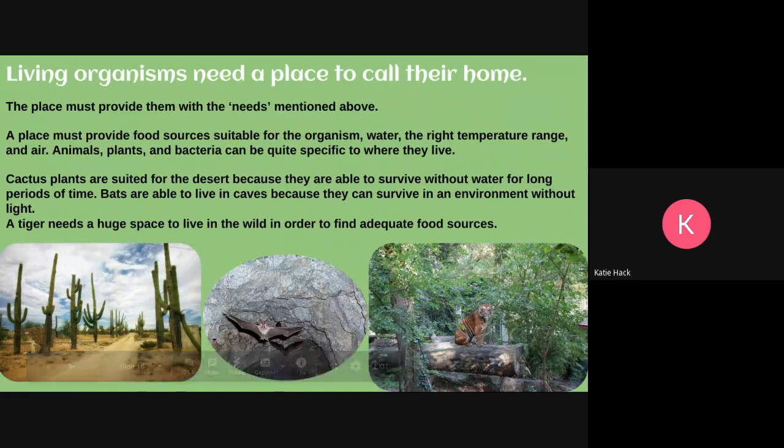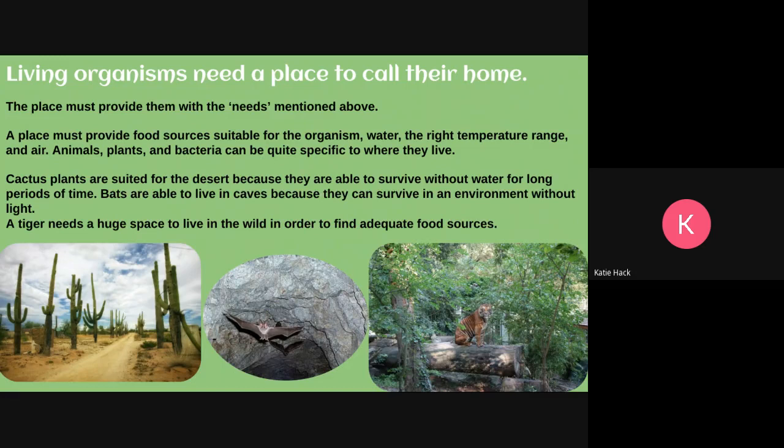Living organisms need a place to call their home. So this place has to provide them with all of the needs that we've mentioned, such as it needs to have enough water. It has to have the right temperature range. It's going to have enough food and air.